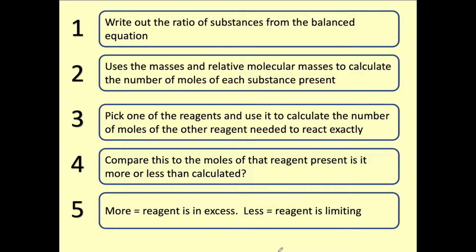We look at the number of moles of the reagent that is needed to react exactly with the other reagent, and we compare that to the amount of the reagent that is present, because we're given the amount of each of them, so we can calculate the moles for each. If the amount present is more than required, then the reagent is in excess. If it's less, then the reagent is limiting.